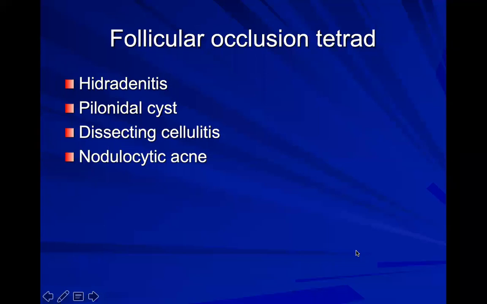All right, so this is our follicular occlusion triad, which I view less as a follicular occlusion problem and more of just an inflammation problem. These patients produce too much inflammation and they don't effectively shut it down. So hidradenitis, pilonidal disease, dissecting cellulitis, nodulocystic acne, you can have very similar findings.